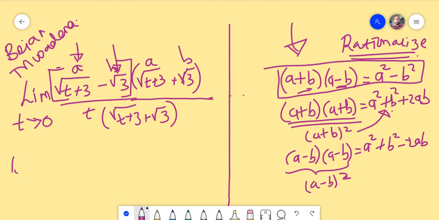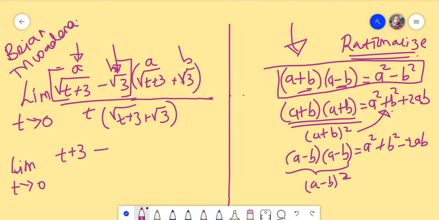So we can write this as the limit as t approaches 0 of a squared, which will be t plus 3, because when you square something that has been square rooted, it cancels out. That's algebra, so I hope you know that.